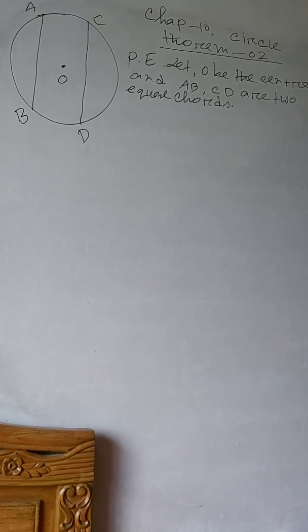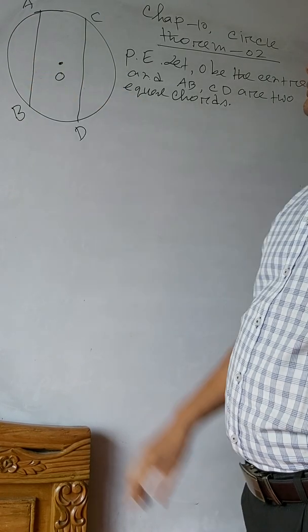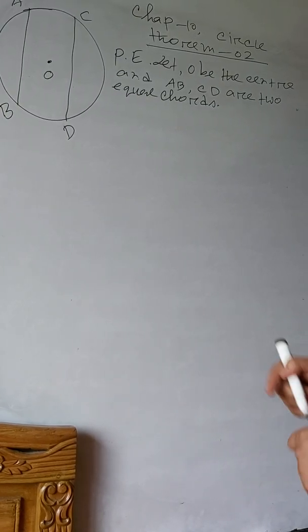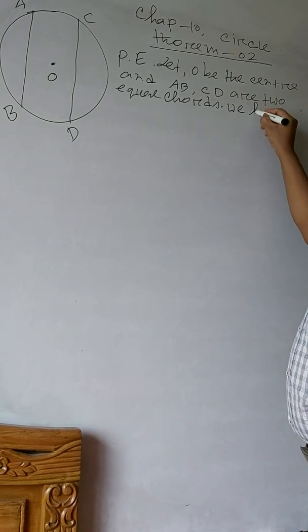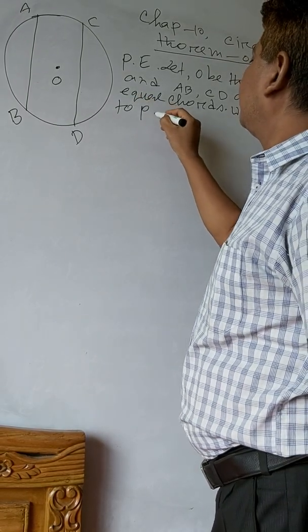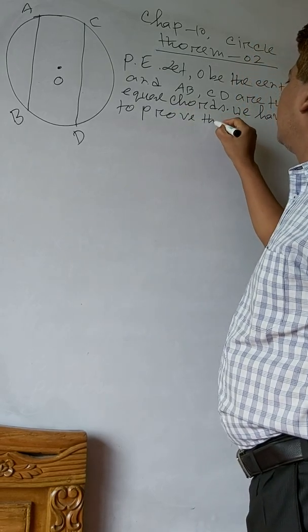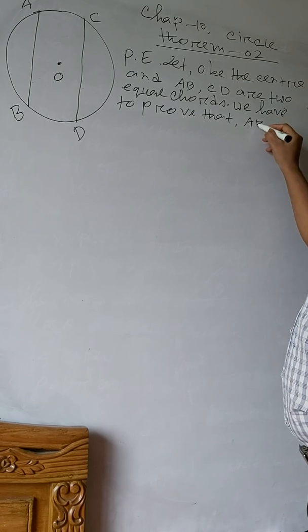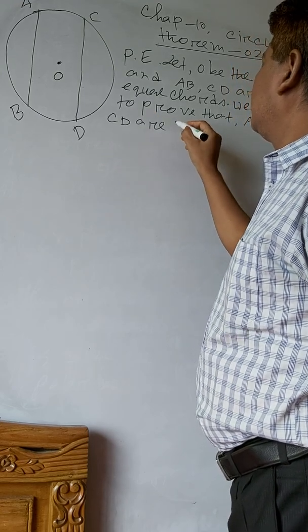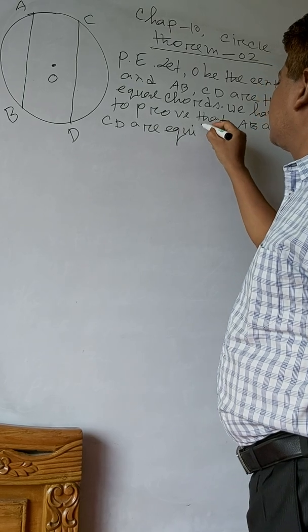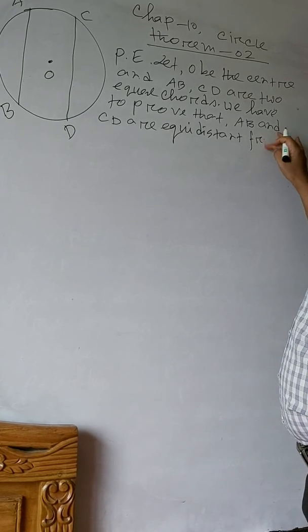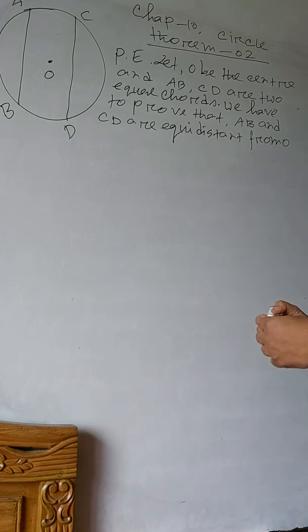We have to prove that AB and CD are equidistant from the center O. The chords AB and CD are equidistant from O. This is our target.